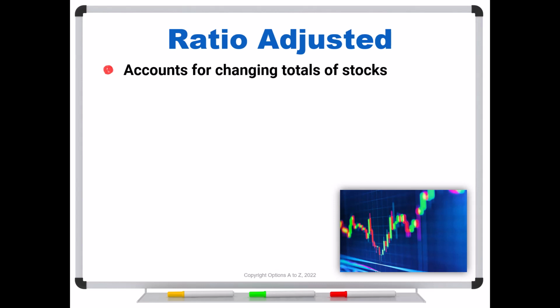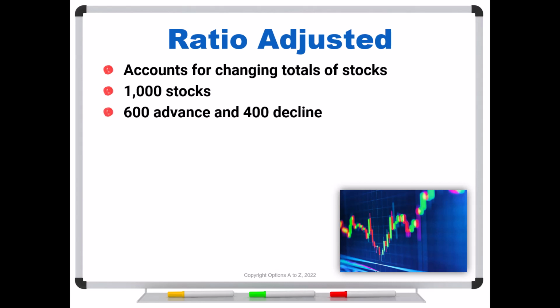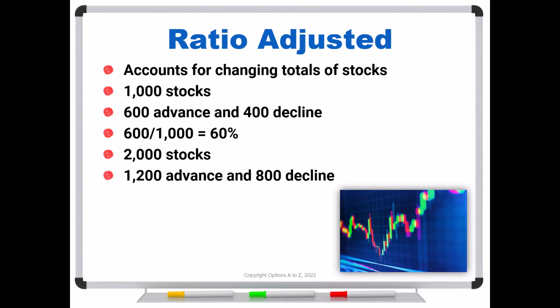So as an example, let's say that we have 1,000 stocks on an index and 600 advance and 400 decline. Well, you could say that we have 600 advancing out of 1,000 total, or 60%. But what if we now increased that same index to 2,000 stocks? And now we see that 1,200 advance and 800 decline.